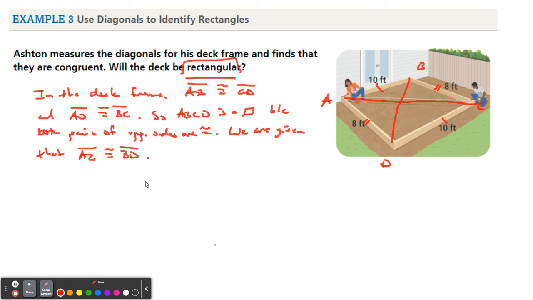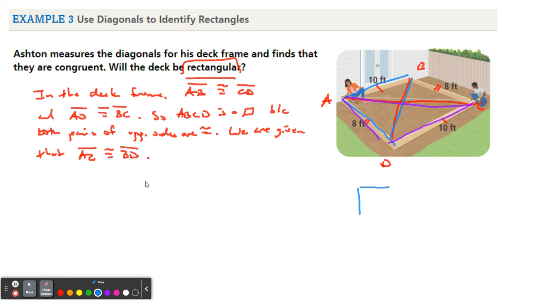So just like in the previous lesson where we used overlapping triangles, we're going to do the same thing here. The two triangles we're going to use here are ABD and ADC. Again, you could use any pair, just don't use the ones that share one of the diagonals. The diagonals have to overlap, right? I'm going to draw those two triangles separately.